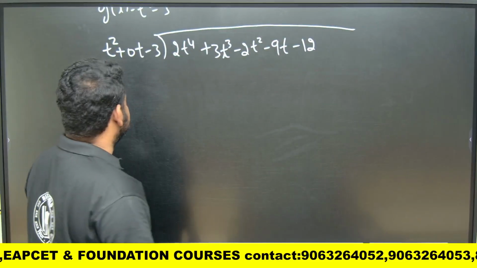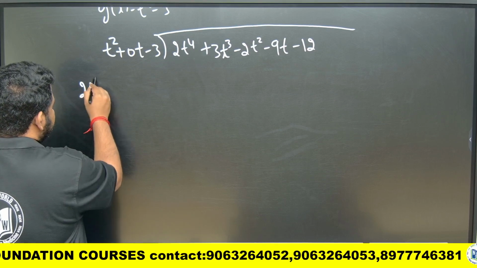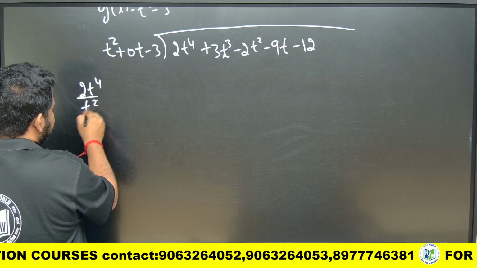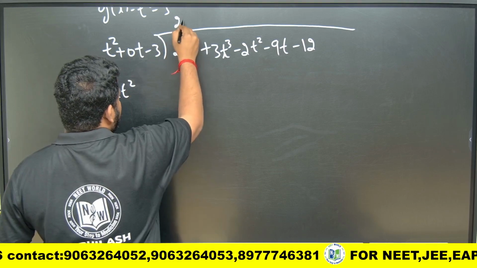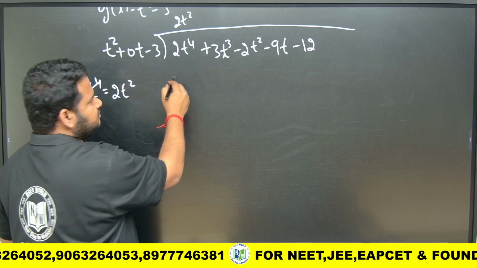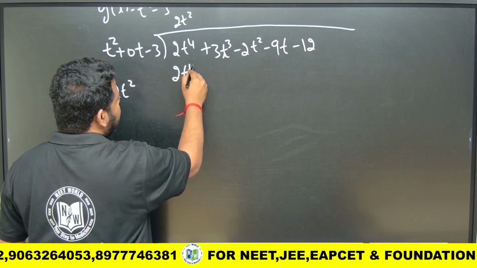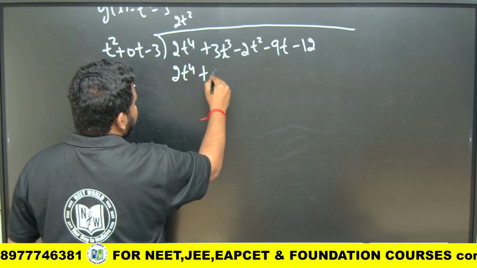Now let us solve this. Here we have t to the power of 4, so 2t to the power of 4 divided by t square, what will I get? 2t square. So I write 2t square. 2t square into t square is 2t to the power of 4, and 2t square into 0t is 0t cube.